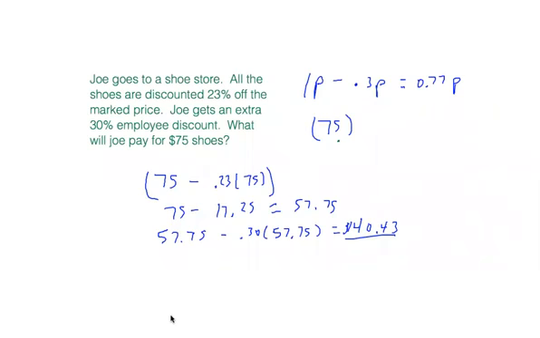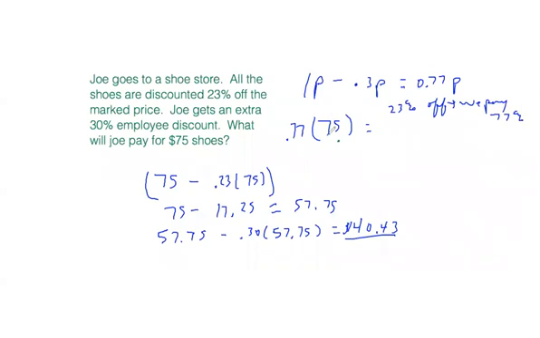Multiplied by 0.77. Why 0.77? Because if it's 23% off, then we pay 77%.